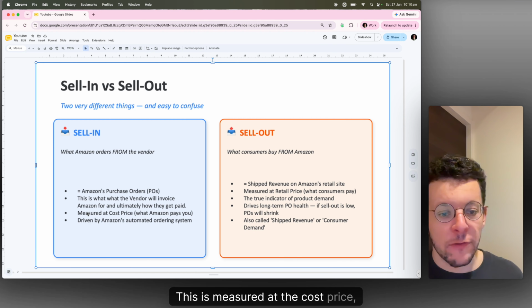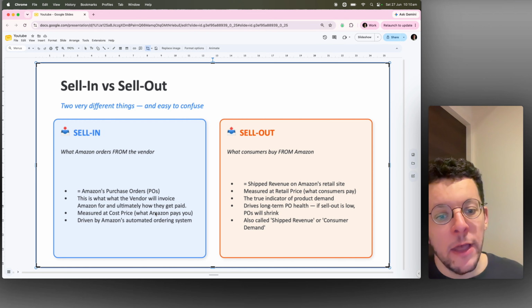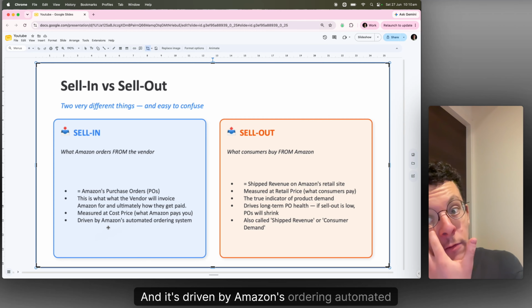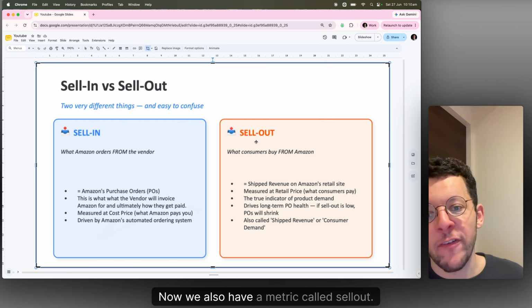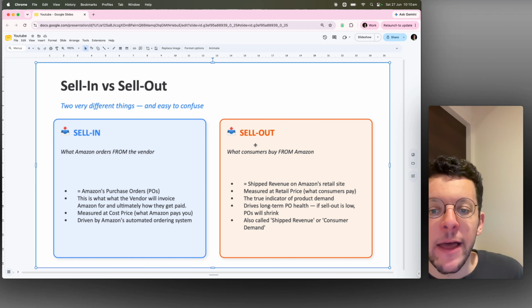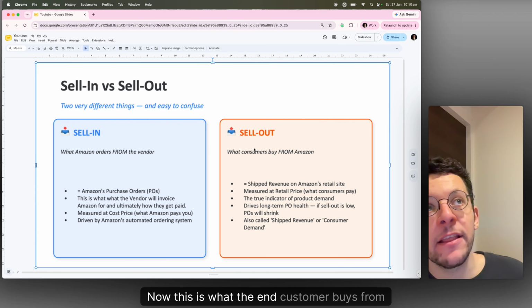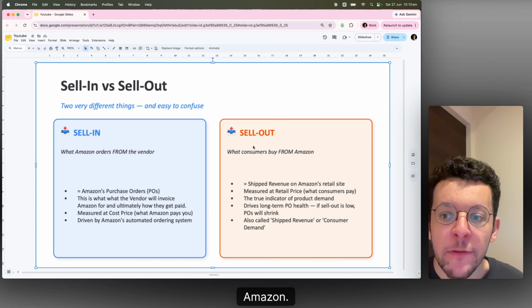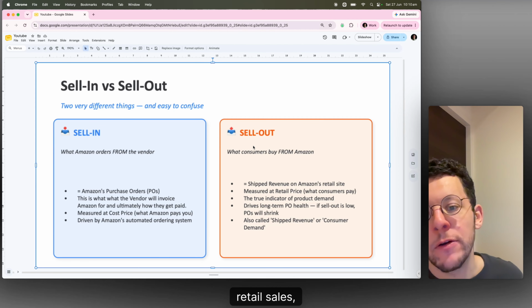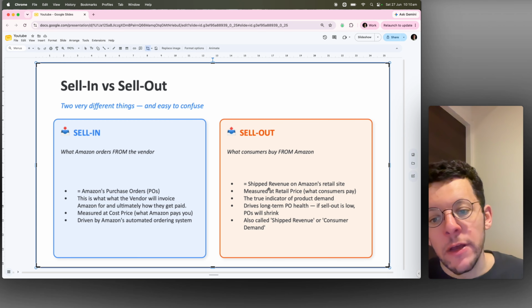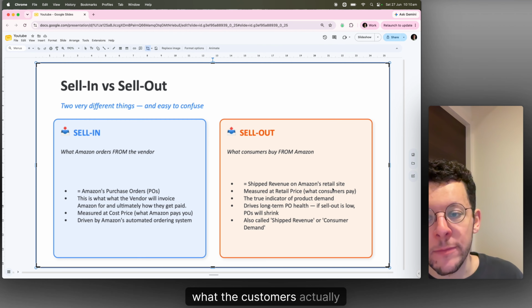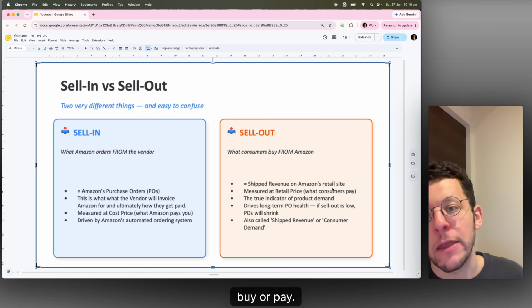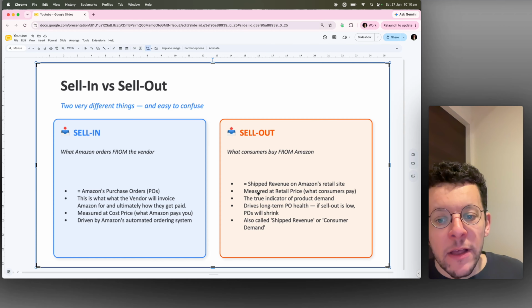This is measured at the cost price, which is what Amazon will pay you, and it's driven by Amazon's automated ordering system. Now, we also have a metric called sell-out. Now, this is what the end customer buys from Amazon. In other words, retail sales, shipped revenue, and this is measured at the retail price, which is what the customers actually pay Amazon.